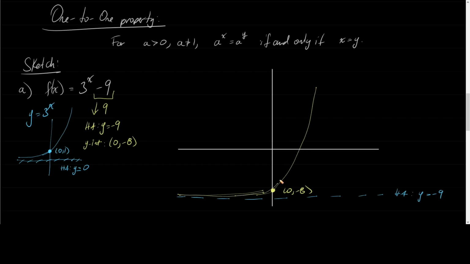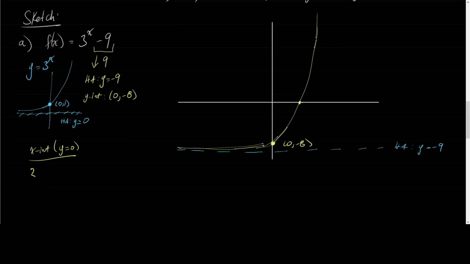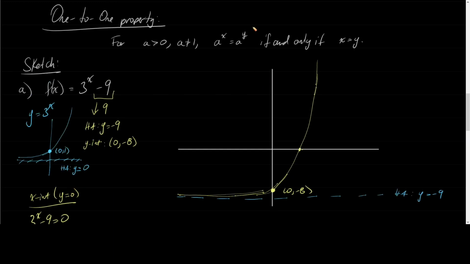But now the question is, where is it crossing right here? What point is that? Because we like to label all of our intercepts. Well, that's our x-intercept, right? And how do we find the x-intercept? The x-intercept is when y is equal to 0. So we're going to have 3 to the x minus 9 equal to 0, which means 3 to the x is equal to 9. But now, from the one-to-one property that we just learned, the only possible way that these are equal to each other is if we have the same exponents, right?